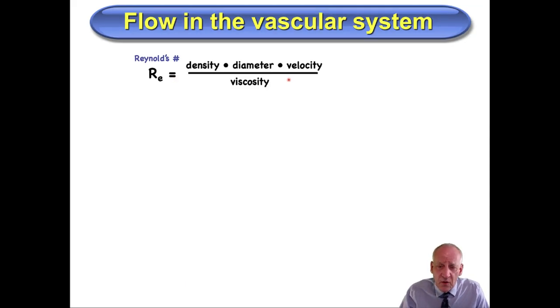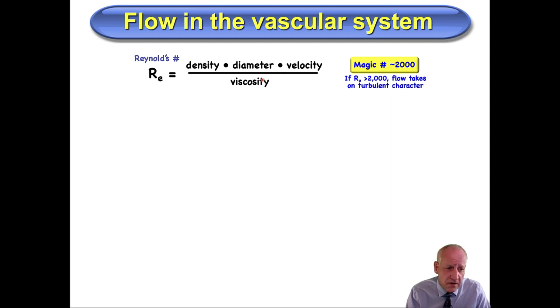As you might expect, Reynolds number increases in proportion to the flow velocity, the diameter of the tube, and the density of the fluid. It increases in inverse proportion to the viscosity of the fluid. And when this value exceeds the magic number of 2000, flow tends to take on turbulent character, although it should be kept in mind that this transition is somewhat gradual.